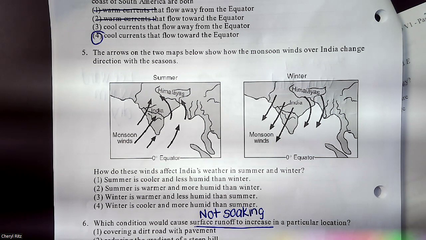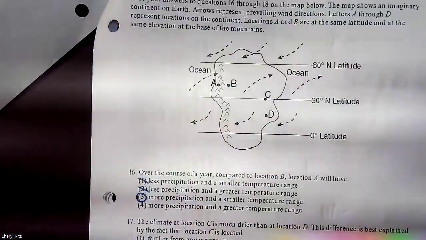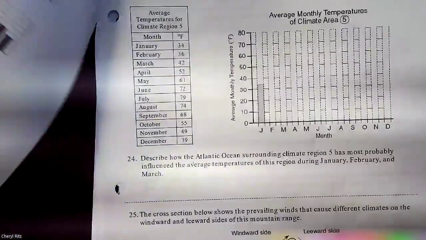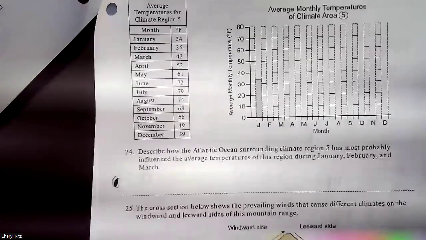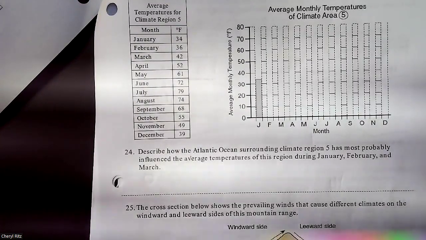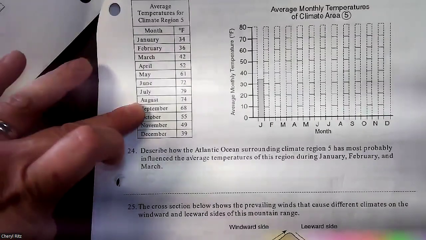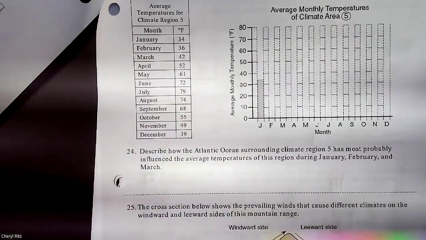So we're done with the chapter. There is nothing left of this chapter except for more practice, which I think you need. So what I'm going to have you do is pages 20 and 21. We're going to do those right now. There's 1, 2, 3, 4, 5, 6, 7 questions. We have about 20 minutes left.